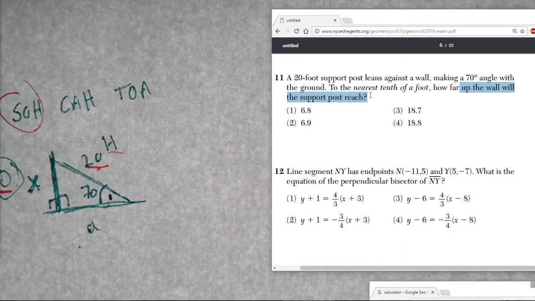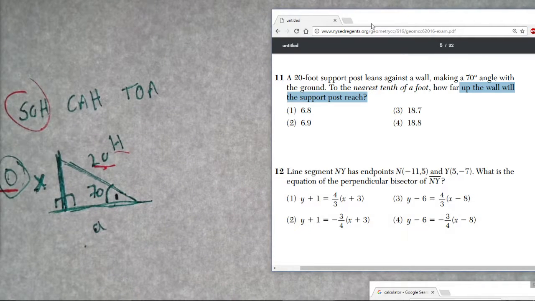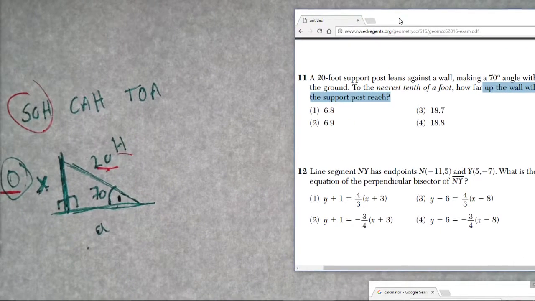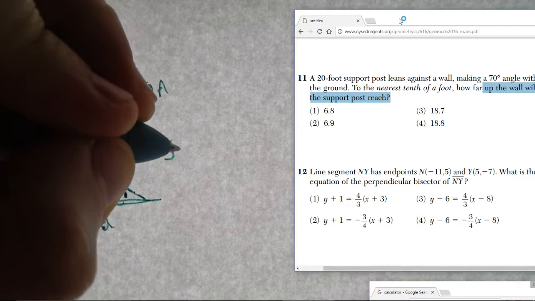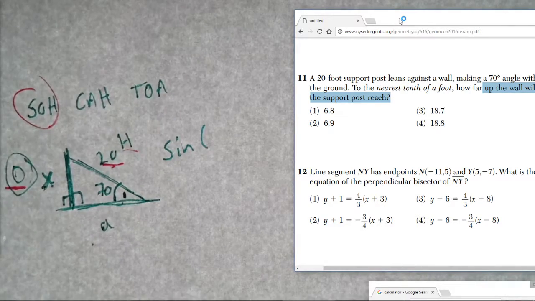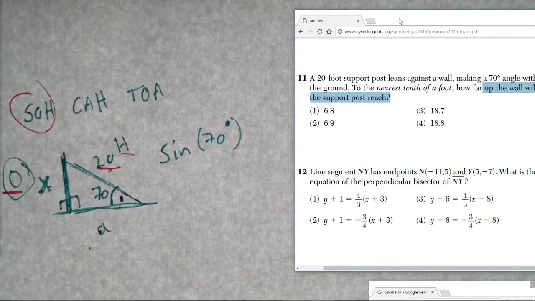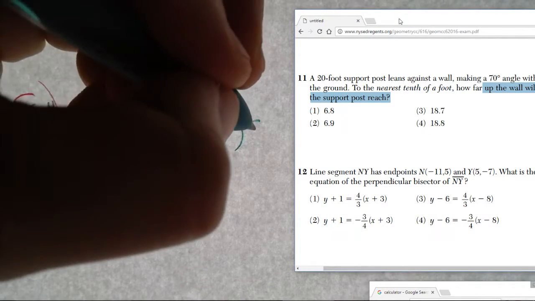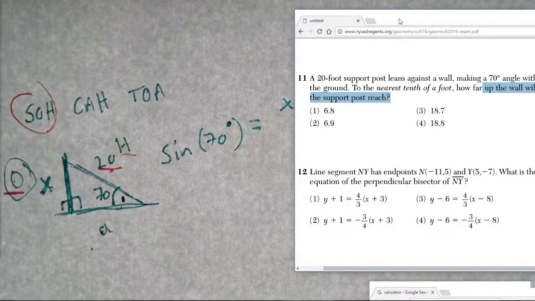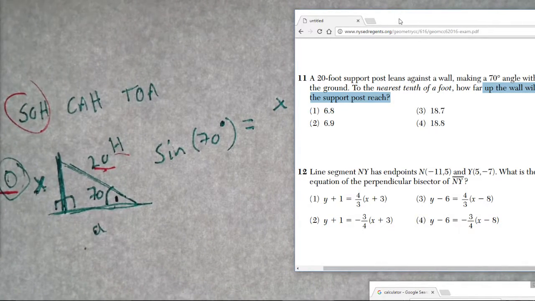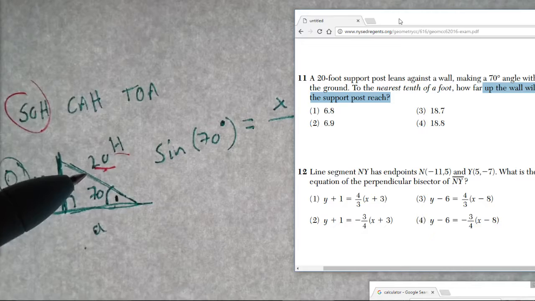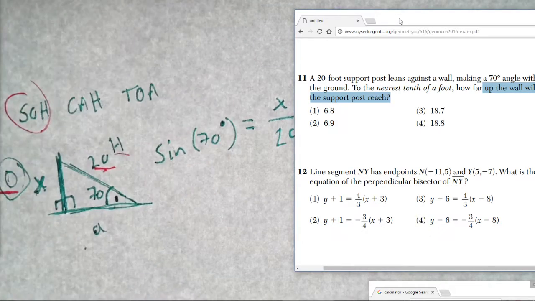SO stands for, here, let me move the question out of the way a little bit. Sine of my angle, in this case 70 degrees, make sure you have it as degrees, that's important, is equal to my opposite side, which in this case is X, over the hypotenuse, and in here it's 20.